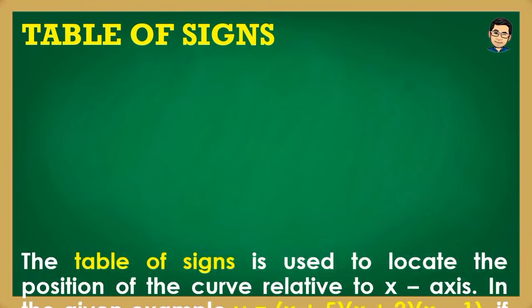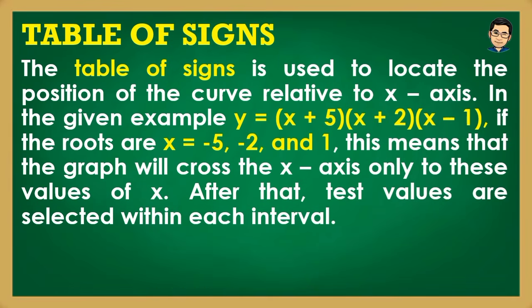So, our next step is the table of signs. The table of signs is used to locate the position of the curve relative to the x-axis. In the given example, y is equal to the quantity x plus 5 times x plus 2 times x minus 1.